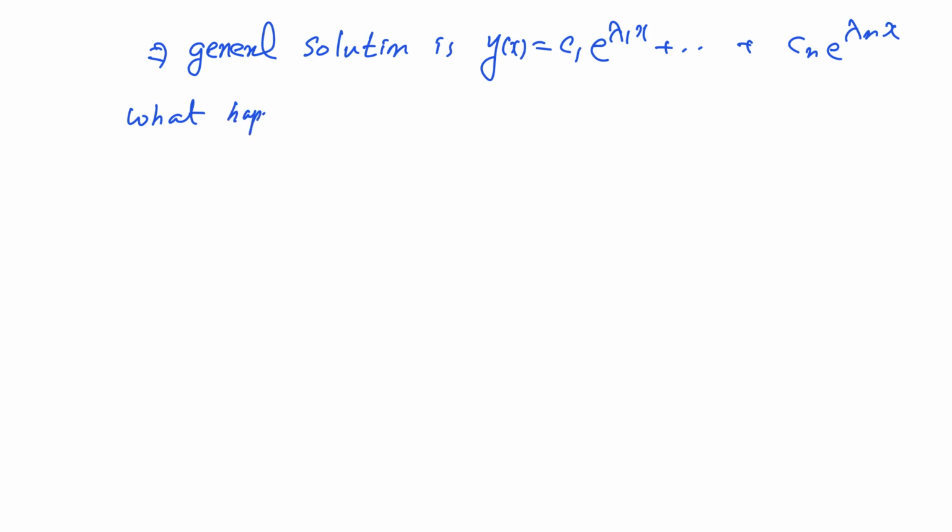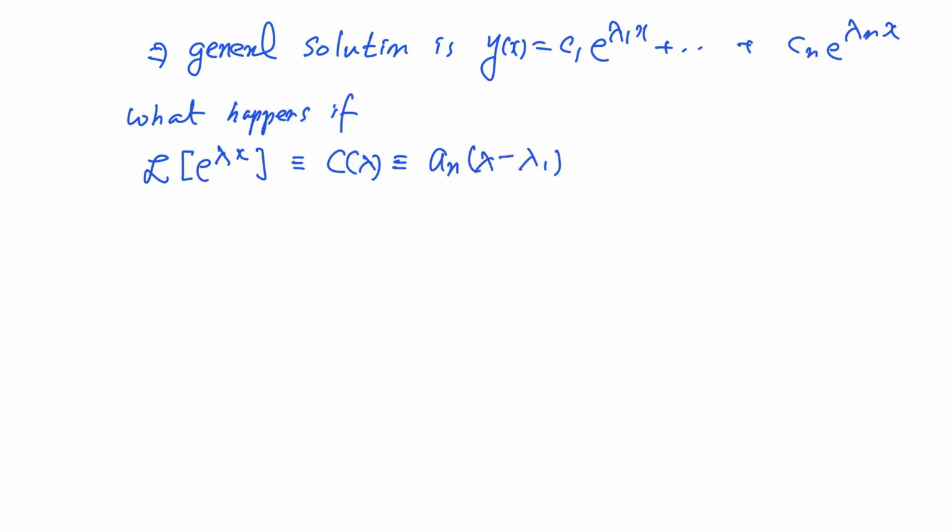What happens if the characteristic polynomial has a double root, something like a_n (lambda minus lambda 1) squared times the other factors, times exponential lambda x?